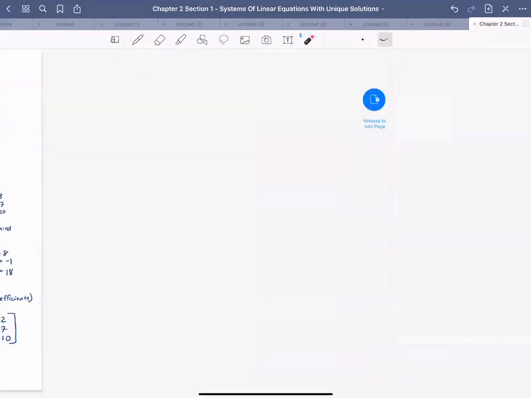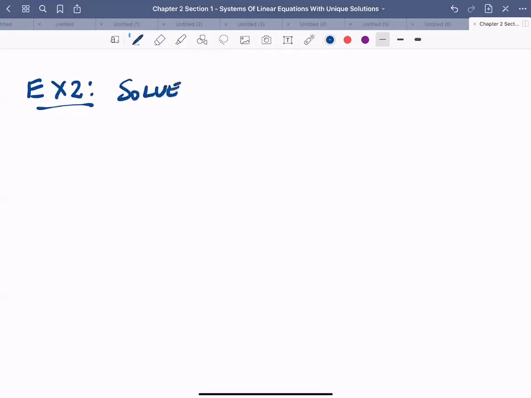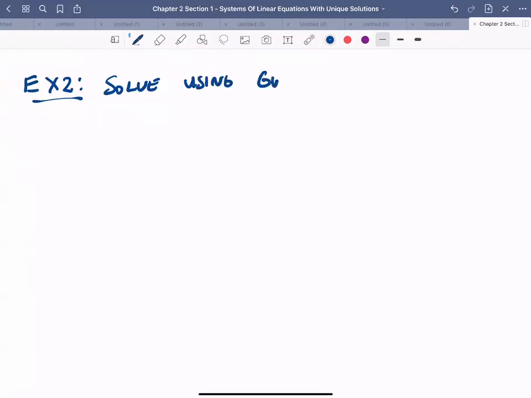All right, so let's move to our second example here. We're going to solve using Gauss-Jordan elimination.